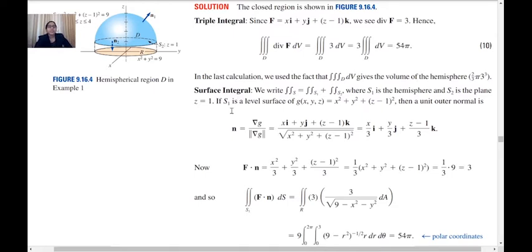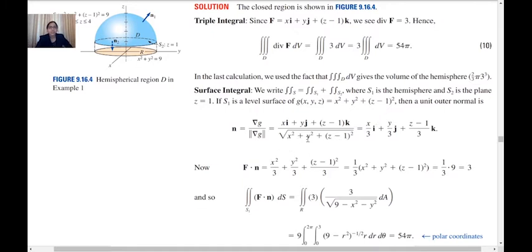Here the surface is given by g(x, y, z) equal to x² plus y² plus (z minus 1)². This is what we usually do. If g is given to us, then we can easily evaluate the unit normal. n will be del g divided by the norm of del g, that is x i plus y j plus (z minus 1) k divided by the root of x² plus y² plus (z minus 1)².